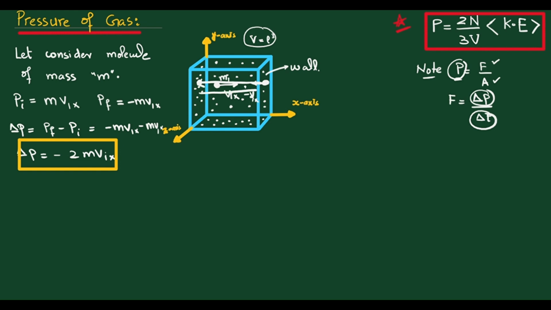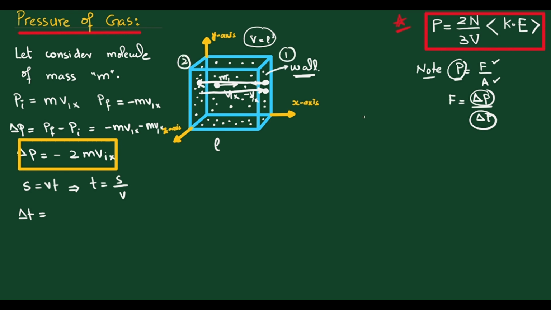We know from the basic equation that S is equal to Vt, where S is the distance, V is the velocity, and t is the time, so t is equal to S by V. Say this is wall 1 and this is wall 2.